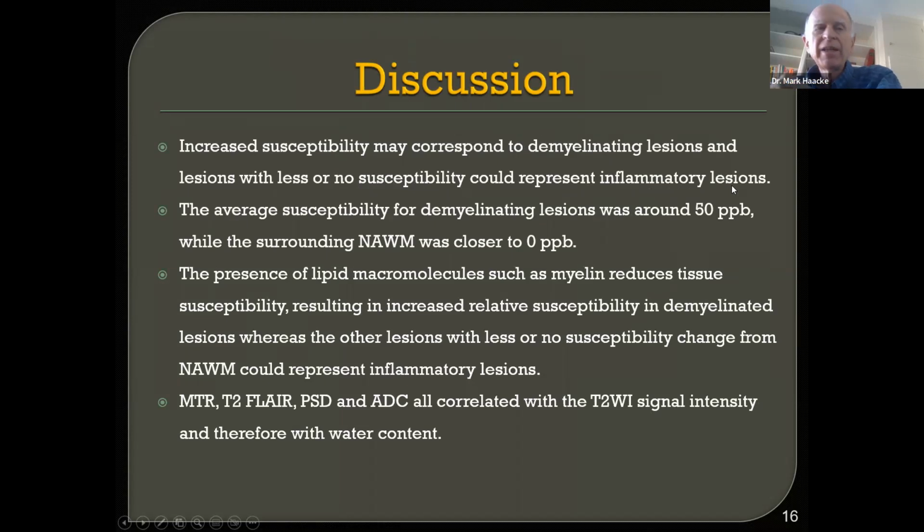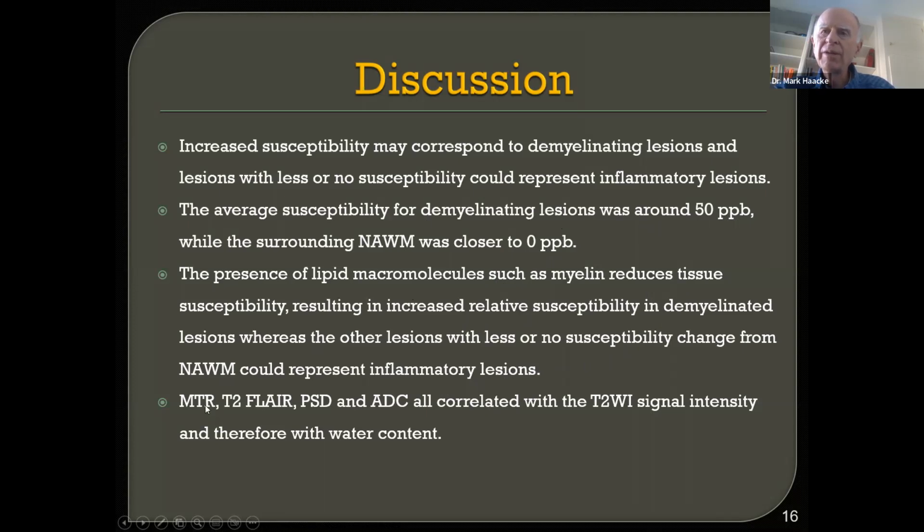So maybe demyelination has not begun yet for those lesions, and that's a good thing. The average susceptibility for these lesions was about 50 parts per billion, and clearly very different than 0. The presence of lipid macromolecules such as myelin reduces the tissue susceptibility, resulting in an increased relative susceptibility in demyelinated lesions, whereas the other lesions with less or no susceptibility again represent inflammatory lesions.